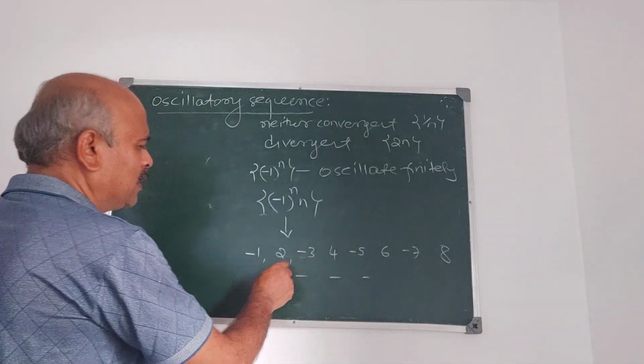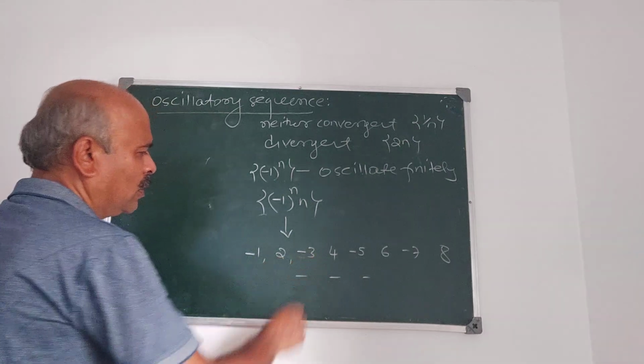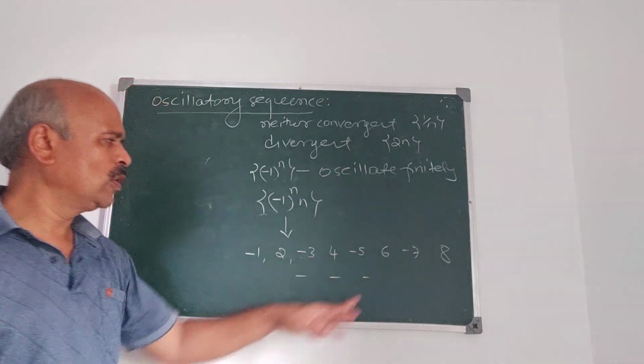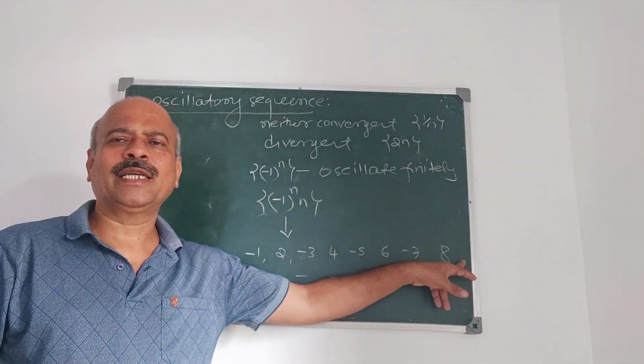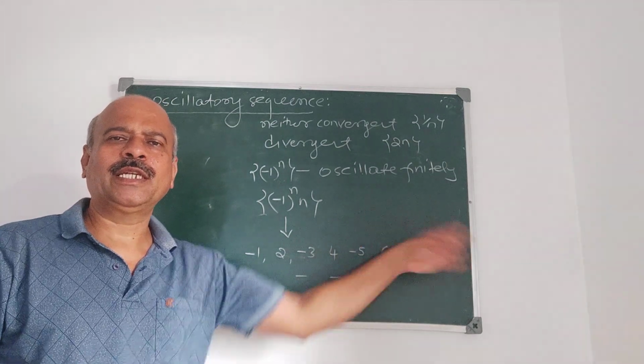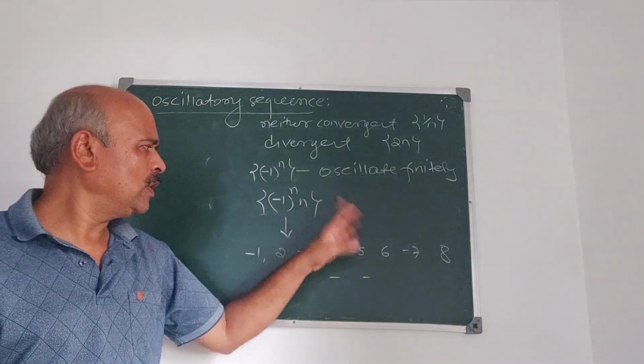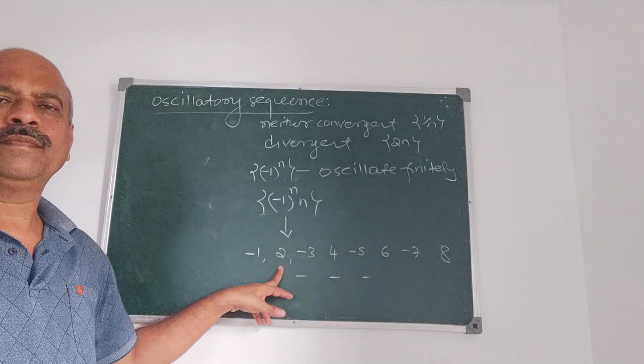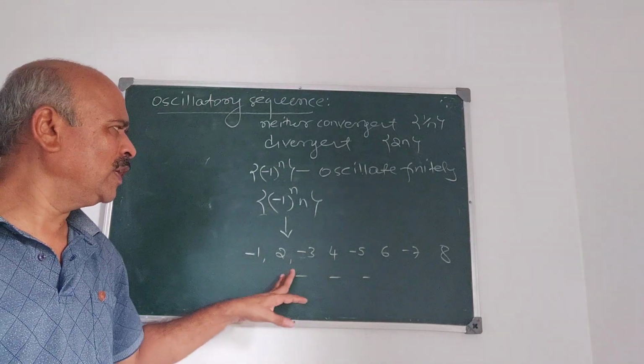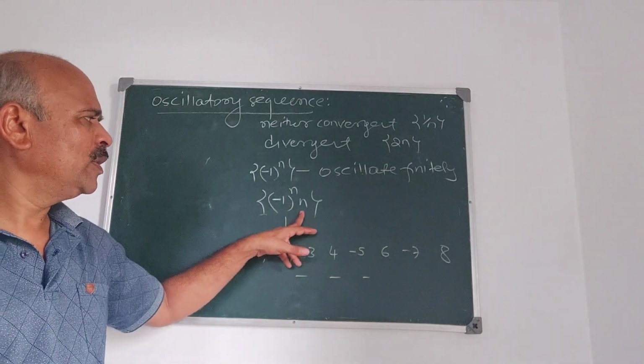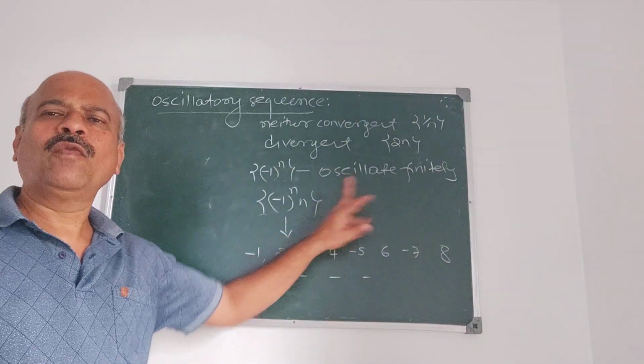Now, this sequence is neither bounded below nor bounded above, because minus 7, next minus 9, and plus 10, and so on. And it is an oscillatory sequence, and it is said to oscillate infinitely.